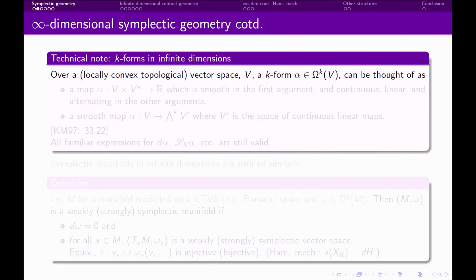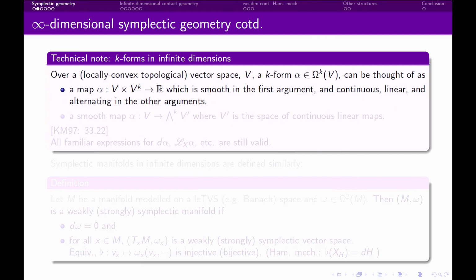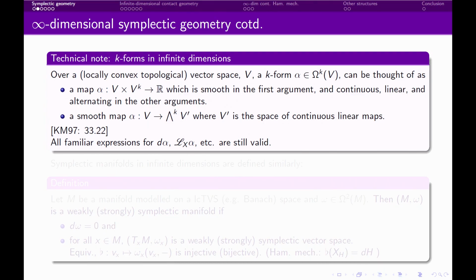Okay, and so in infinite dimensions, a K-form is a map which is smooth in one argument, and continuous, linear, and alternating in all of the other arguments. Or you can think of it as a map from a manifold to the kth wedge of the duals. You can refer to Kriegl and Michor for that. Importantly, as long as you do everything carefully, and as long as you restrict yourselves to a nice enough subclass of locally convex vector spaces, then lots of the expressions that we use in finite dimensions still make sense in infinite dimensions.